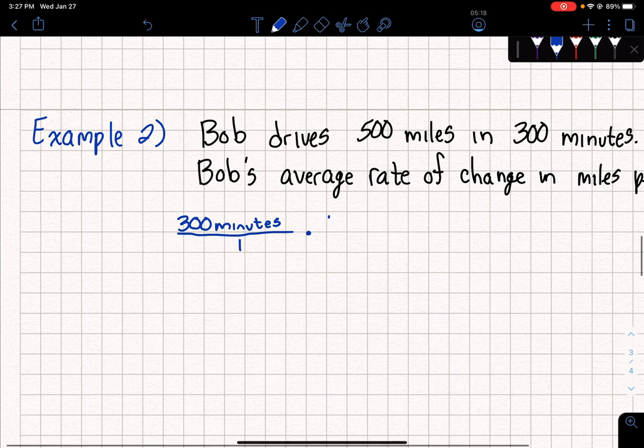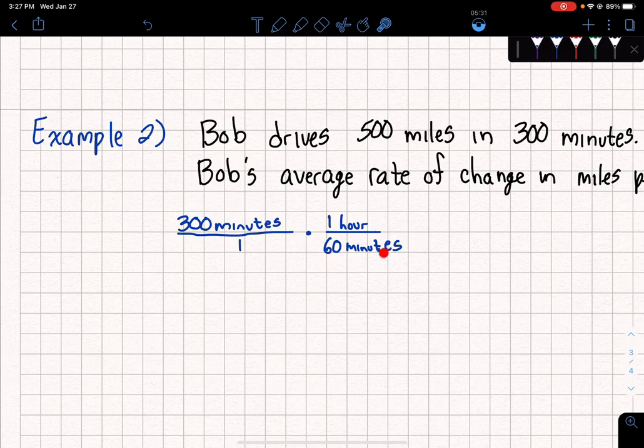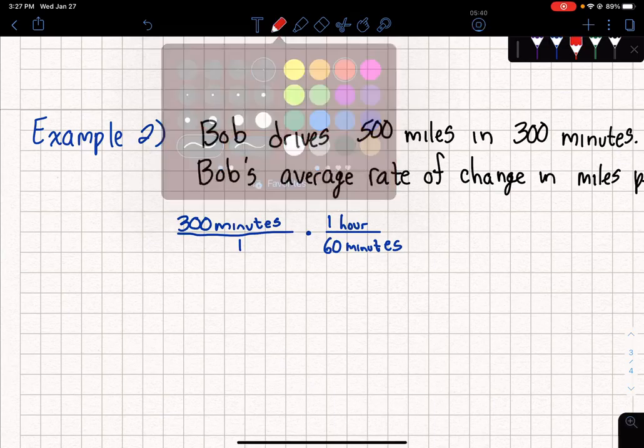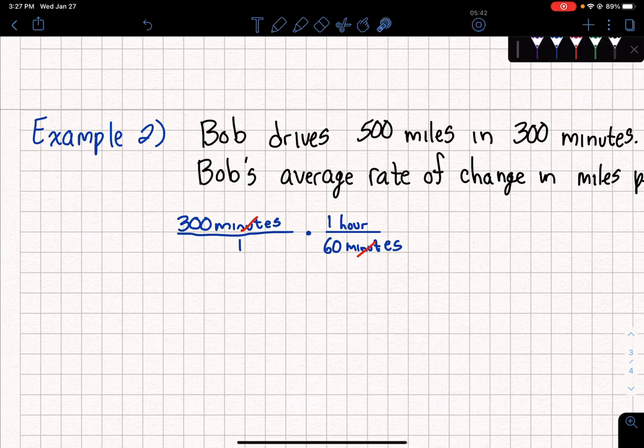So there is 1 hour in 60 minutes. What I really like about writing it this way is, notice here we have minutes in the numerator, minutes in the denominator. We can treat our units of time just like variables, and we will see that these will cancel out, and the only thing we're left with is the hour up here.